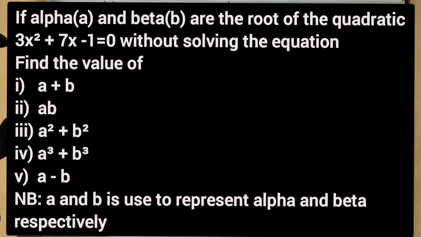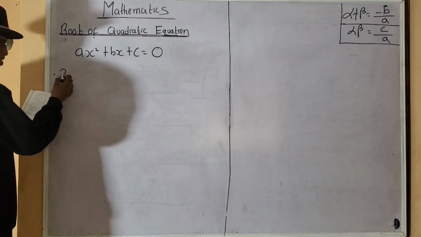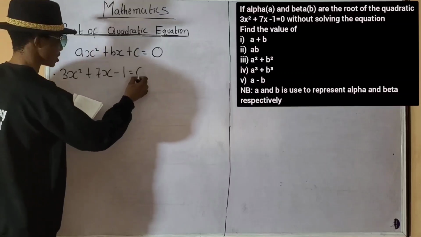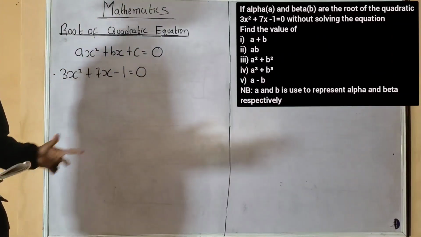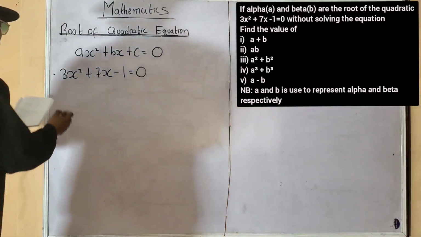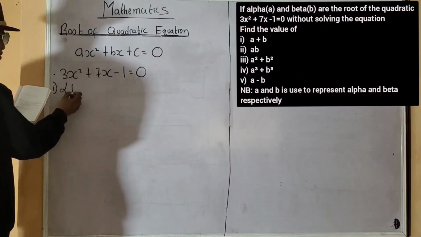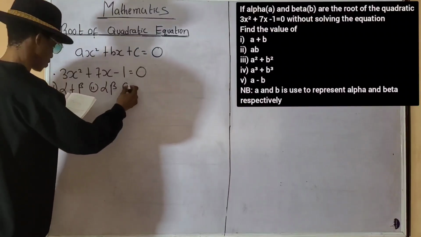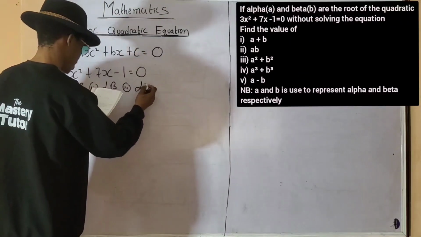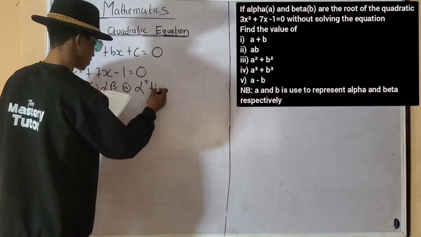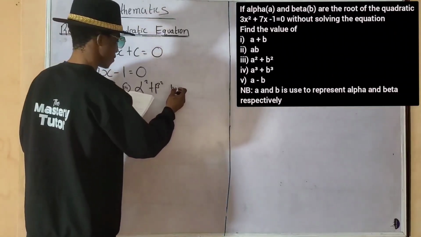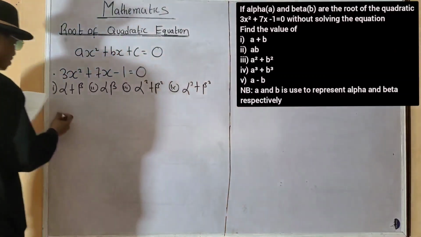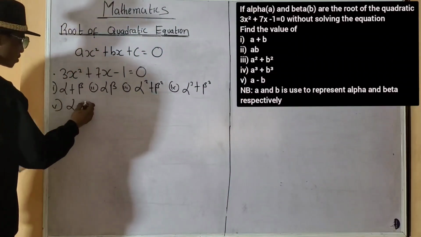We are given that alpha and beta are the roots of quadratic equation 3x² plus 7x minus 1 equals 0. Without solving the equation, we want to find the value of number 1, alpha plus beta, the second, alpha beta, the third, alpha squared plus beta squared. Then number 4, alpha cube plus beta cube. Then number 5, which is the last, alpha minus beta.